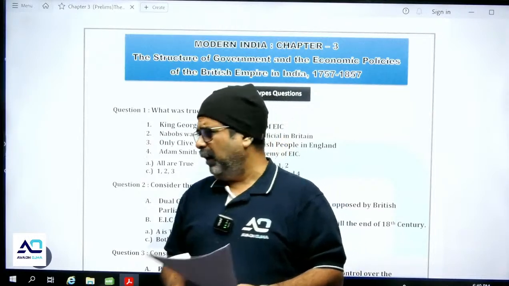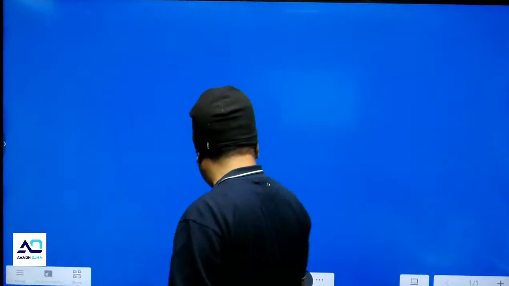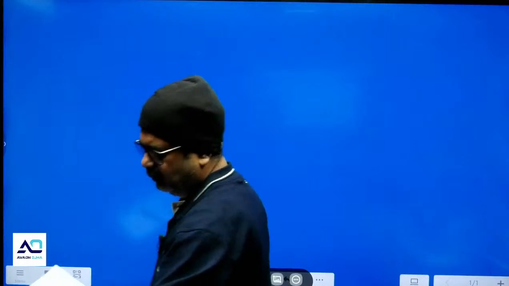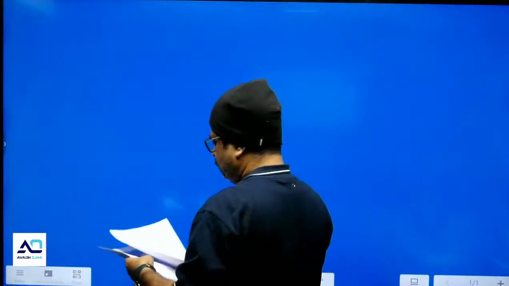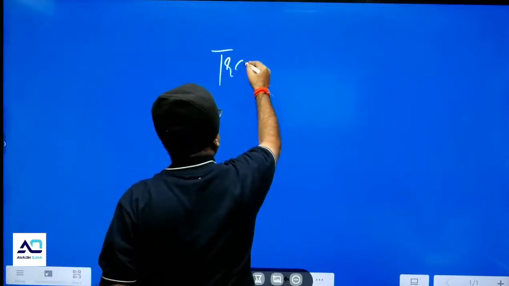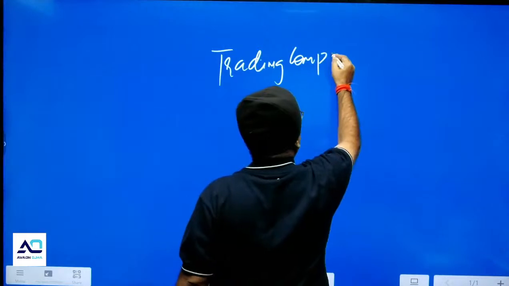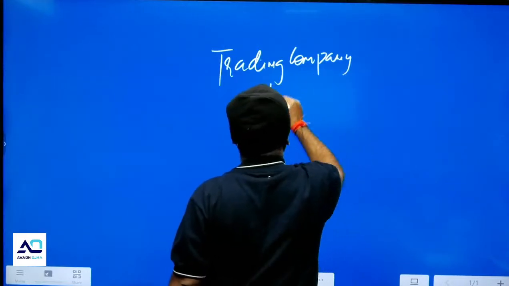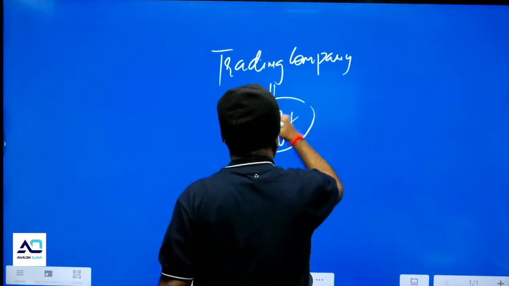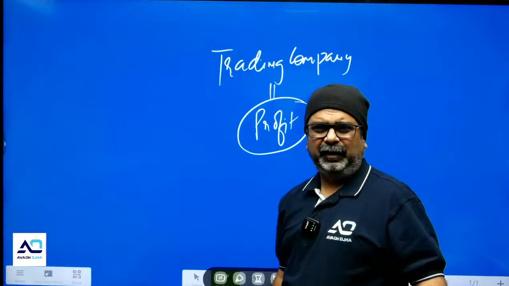Now, if a trading company gets the charge of administration, what is the dharma of a trading company? Profit. Trade and commerce and profit.